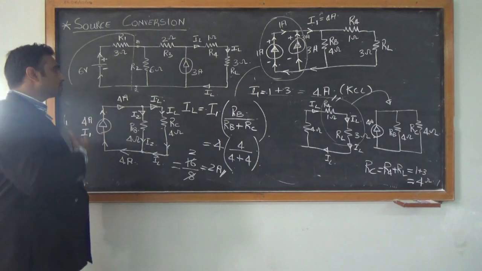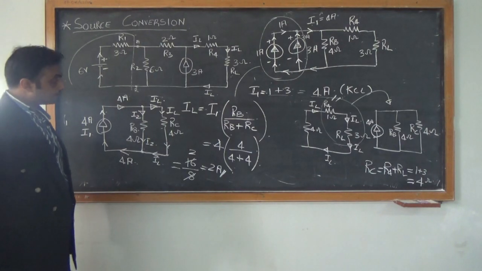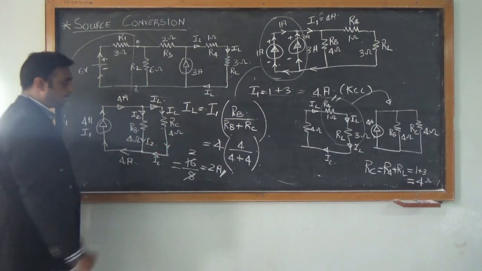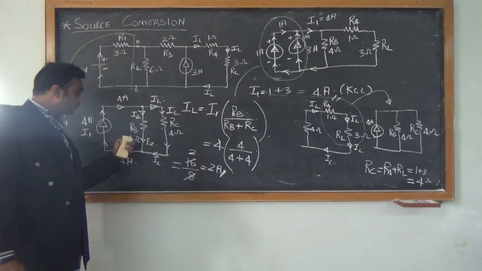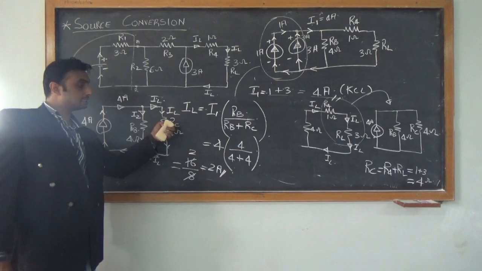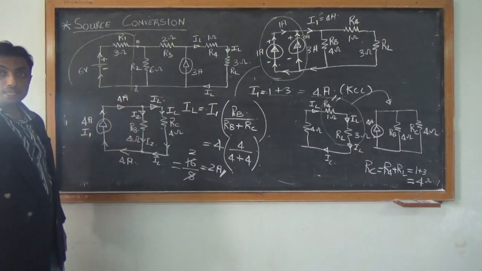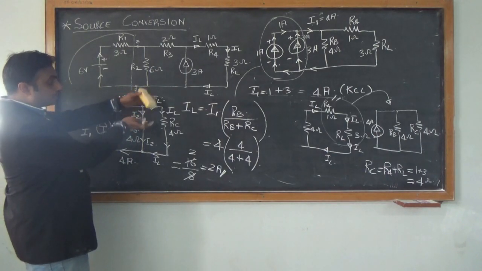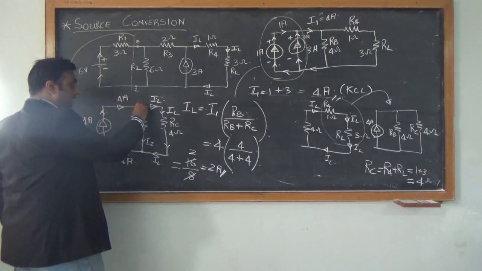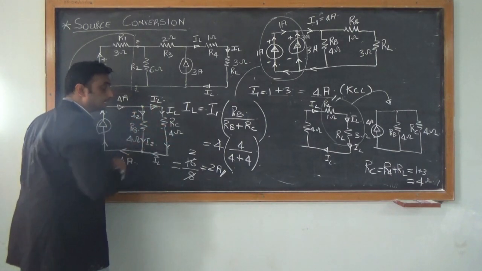Now I could have used current divider theorem and found out the value effectively. But if you notice, both these resistors are having the same value. That means there is 4 ohms of resistor here and there is 4 ohms of resistor here. So both the resistances are equal. Now if both the resistances are equal, the current also will be split equally. So when the current enters this point here, it will get divided equally across both these resistors.